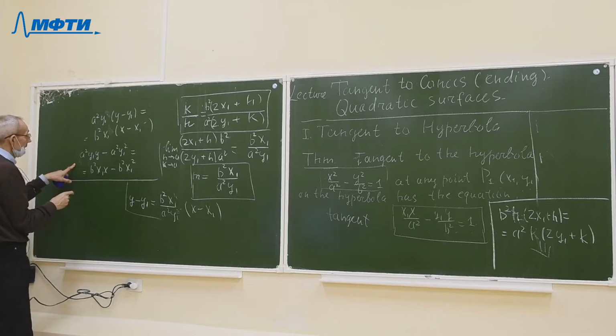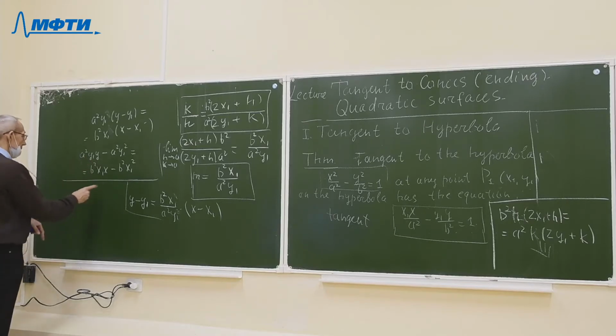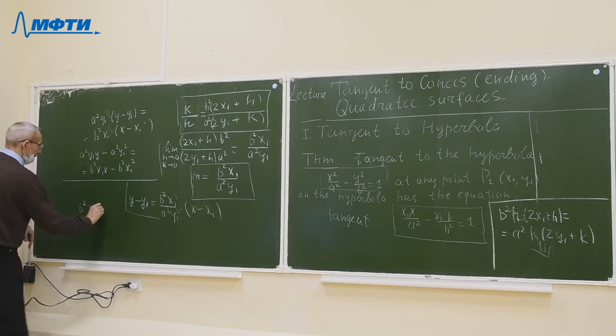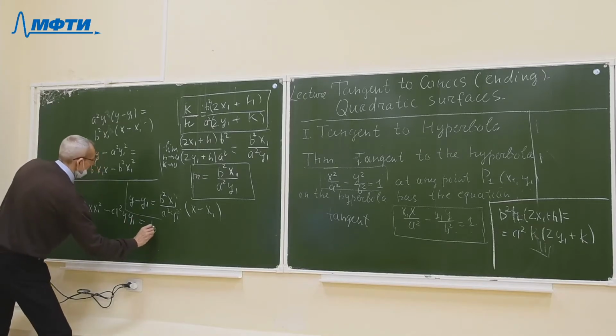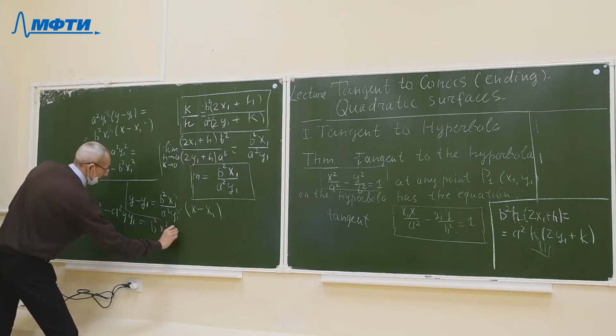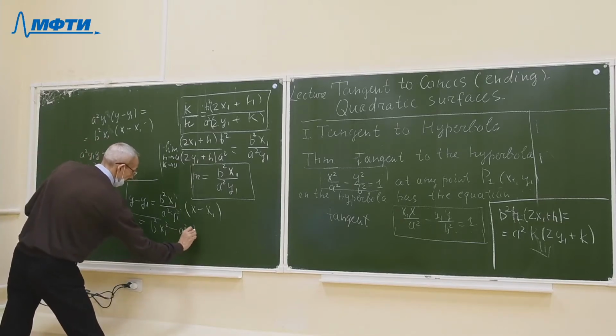Let's shift the term a square y1 y from the left side to the right side, and we obtain the following equality: b square x1 x minus a square y1 y is equal to b square x1 square minus a square y1 square.